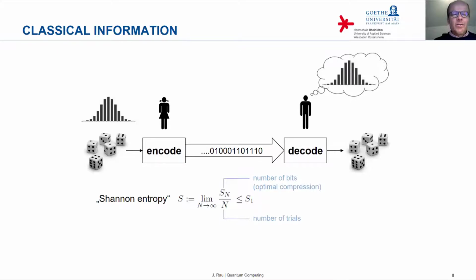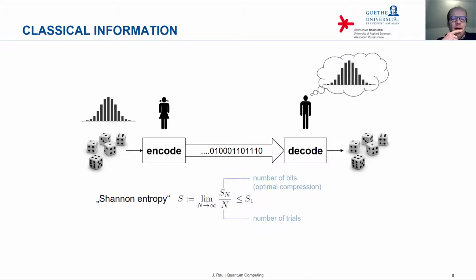Now, Shannon derived a formula for the Shannon entropy as a function of the probability distribution for the possible outcomes of a single random experiment on Alice's side. And we can approach that formula step by step if we first consider a few special cases.